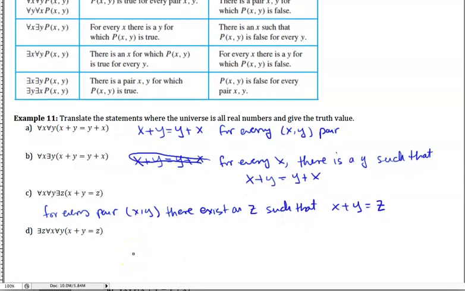Okay, and let's look at D. So D is basically C switched around.